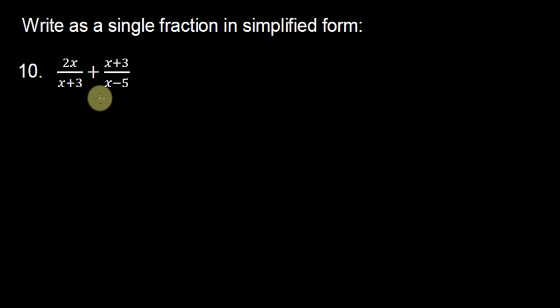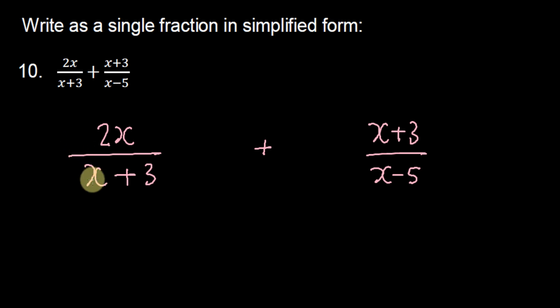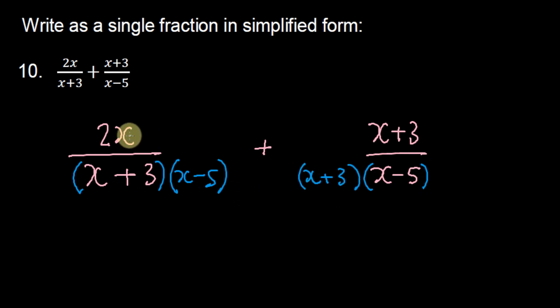We make the denominators the same by multiplying them by each other. So the x plus 3 here, we're going to multiply by x minus 5. And the x minus 5 here, we're going to multiply by the x plus 3. Then we also multiply the numerators. So the 2x here by x minus 5.